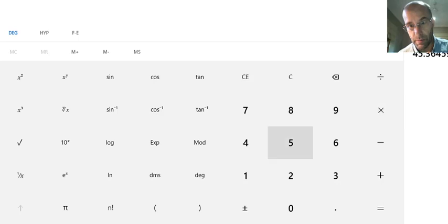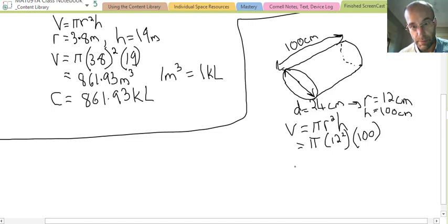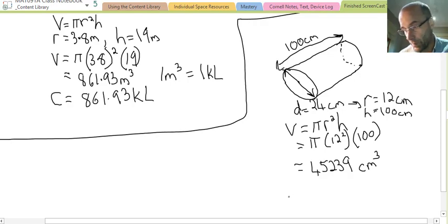Pi times 12 squared, which is 144, times 100, is 45,239 to the nearest whole number. And of course we have centimeters cubed. All the units are in centimeters.